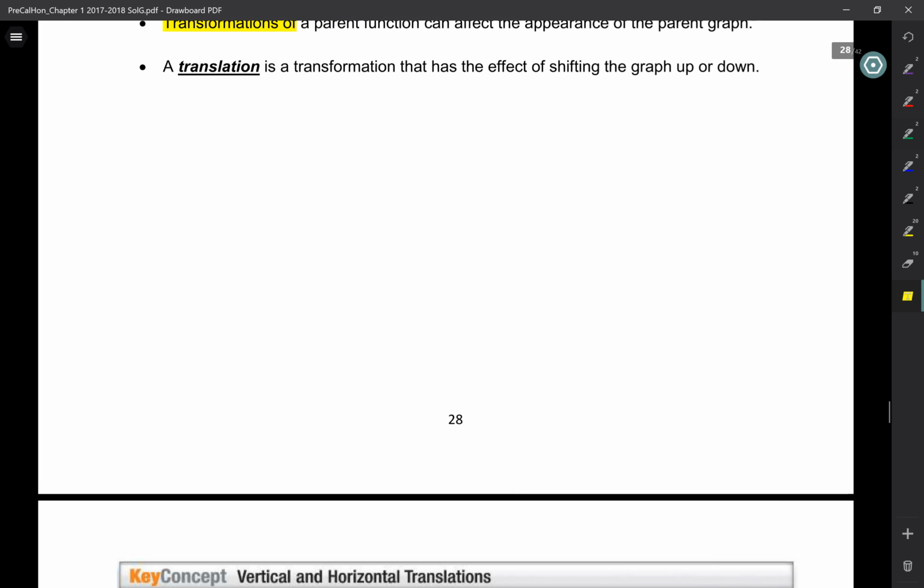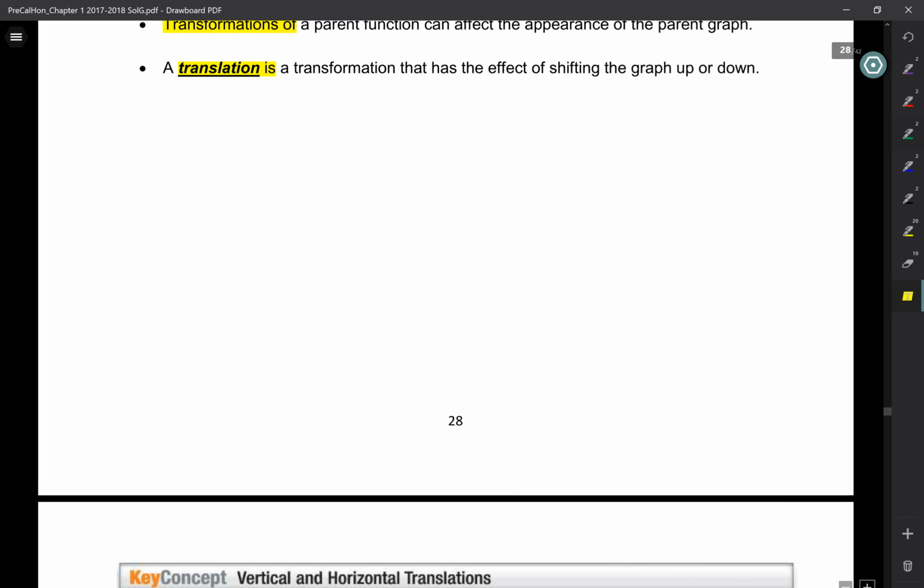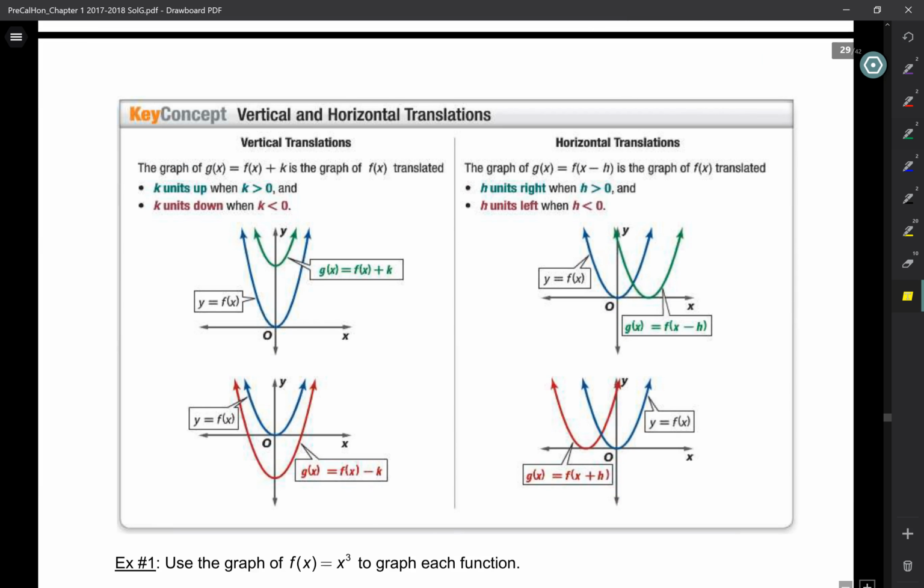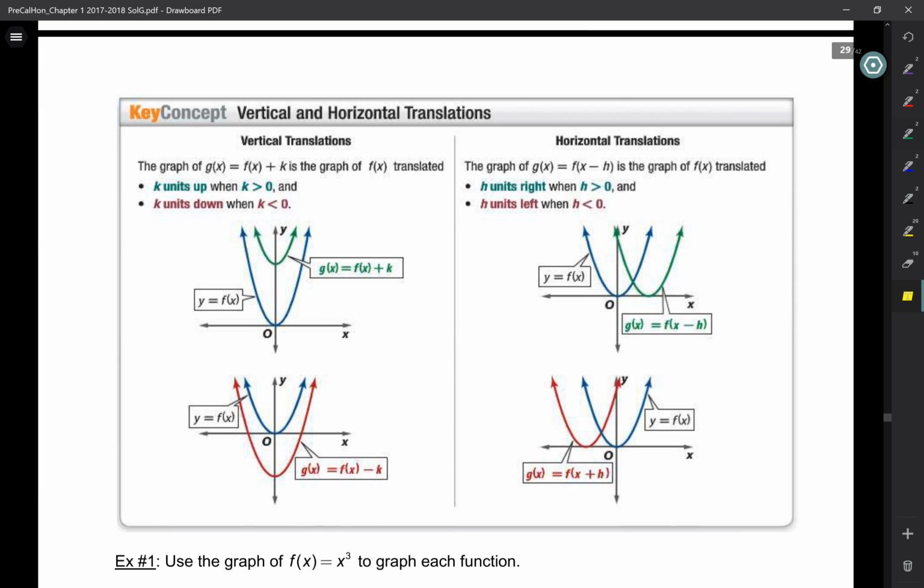All right. Let's talk about a translation. A translation basically shifts the graph up or down. Okay? So let's talk about a vertical translation. A vertical translation is one that moves the graph vertically, either up or down.